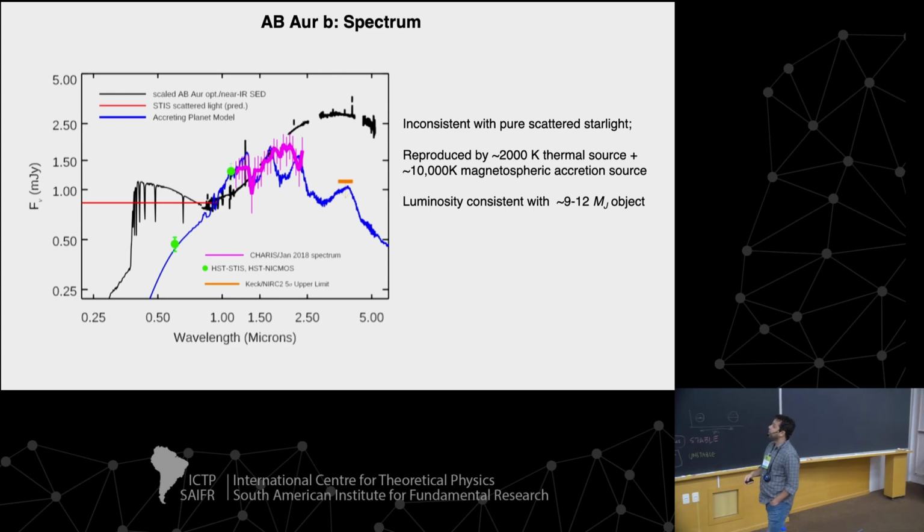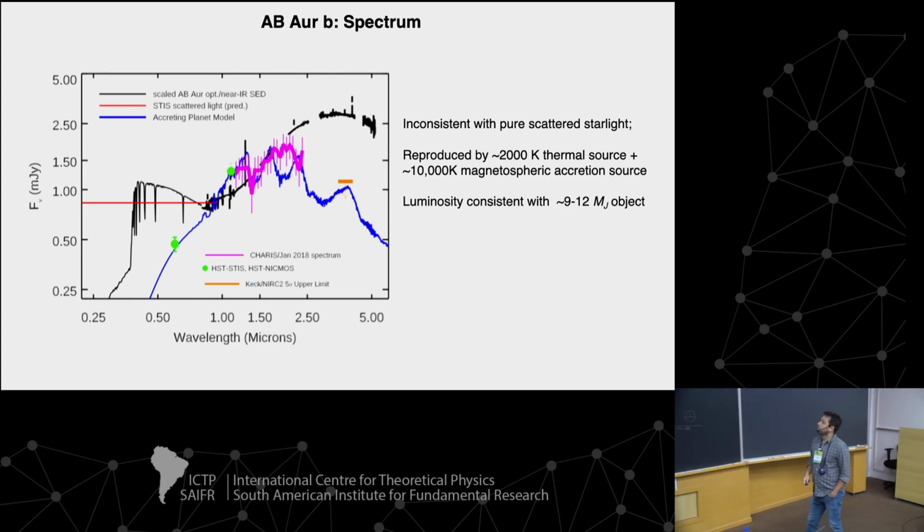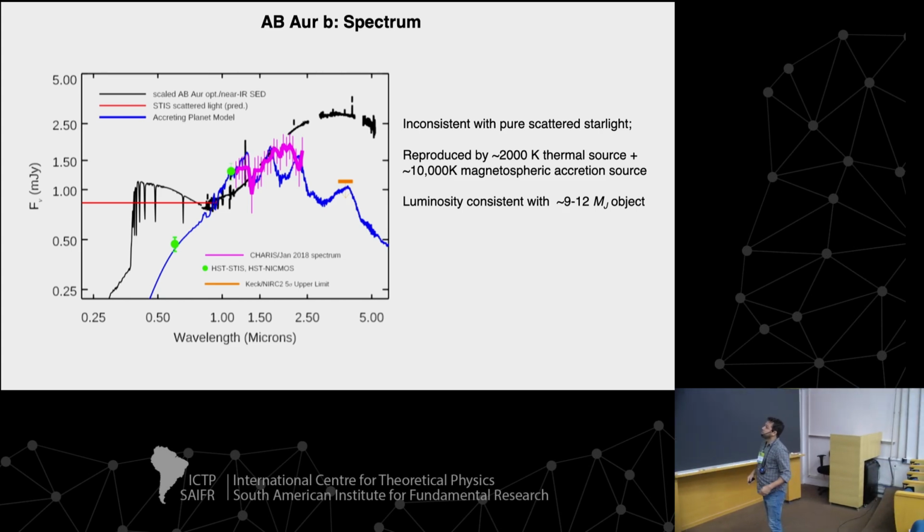That is not a black body, but these two measurements here can be fit by an accreting planet model. The scattered light does not reproduce the continuum, but if you add them both, then you have this line here, which is the scaled intensity coming from AB Auriga itself.